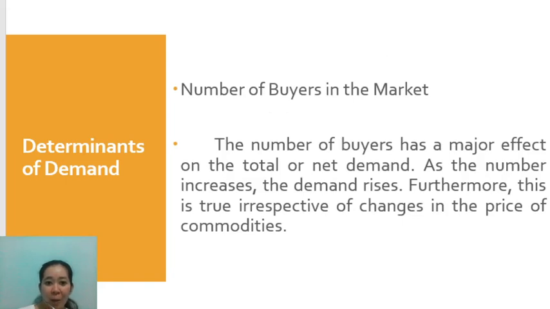Okay, the next determinant is number of buyers in the market. So here, the number of buyers has a major effect on the total or net demand. As the number of buyers increases, the demand also will rise. If there are more buyers, meaning to say more demand.